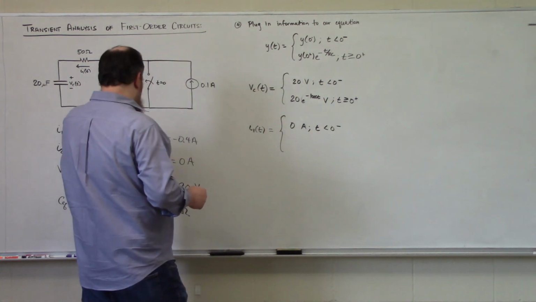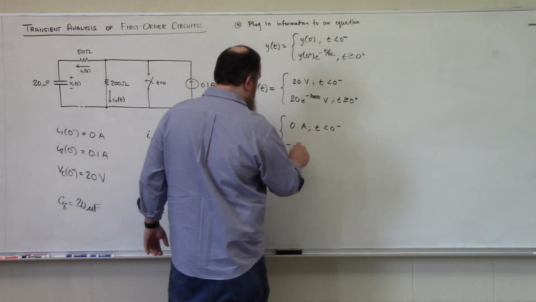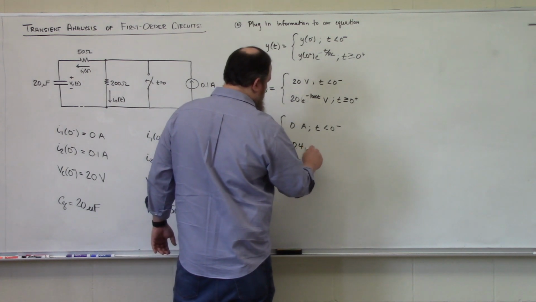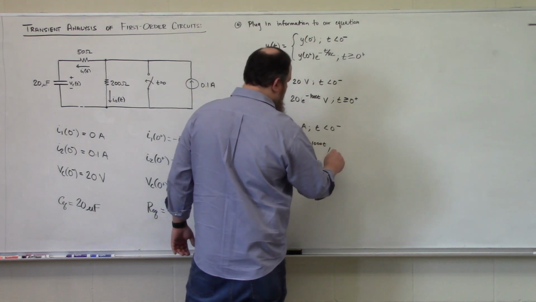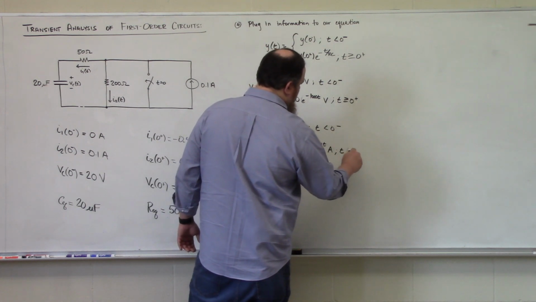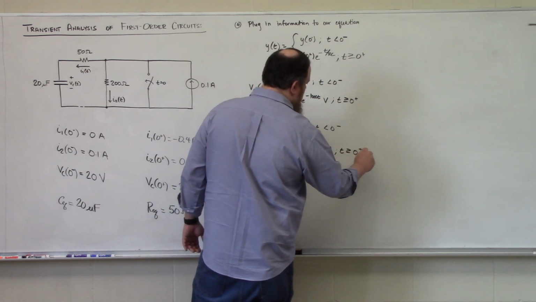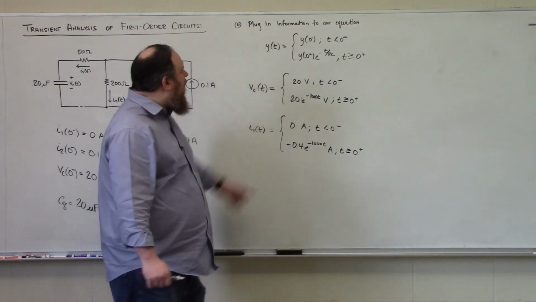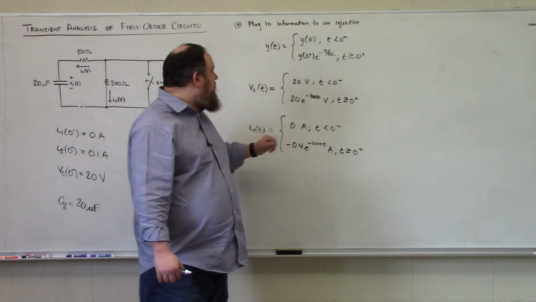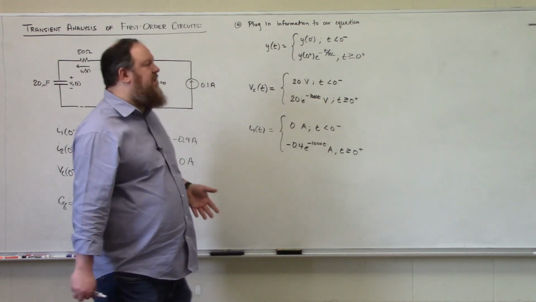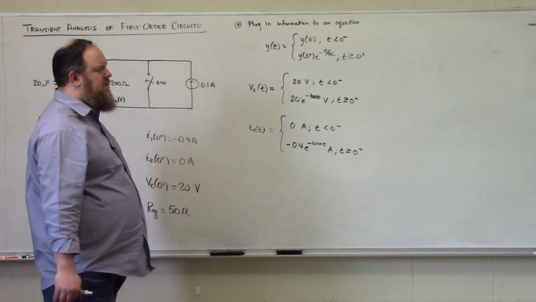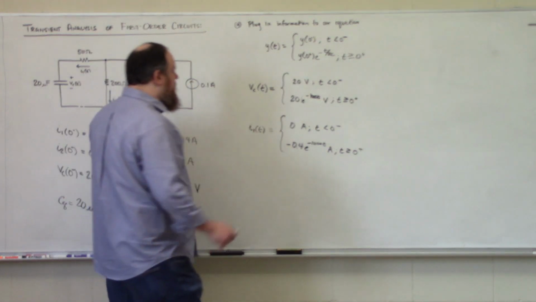We will have negative 0.4 e to the minus 1000 t amps for t greater than or equal to 0 plus. All of our signals are going to exponentially decay at the exact same rate. Again, it's because of Kirchhoff's voltage law and Kirchhoff's current law.